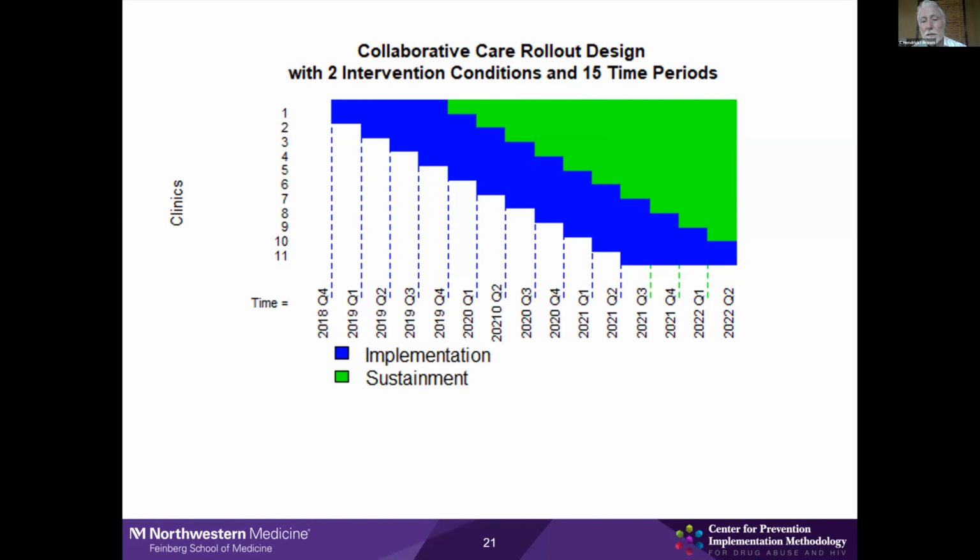And then there is a sustainment period that's followed in here. But you notice that there aren't any formal measures at the beginning of the study in the lower triangular area. So that's a difference in here. It's not the exact same rollout design as we had with the stepped wedge.